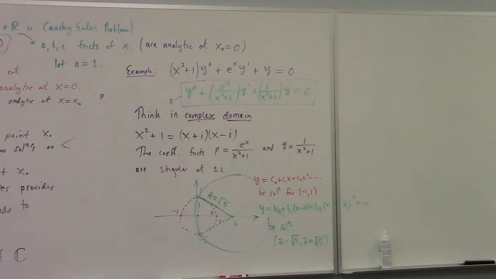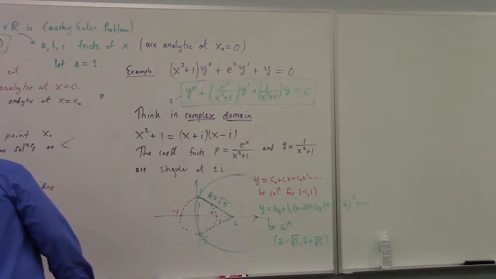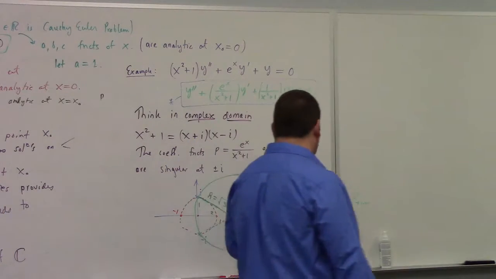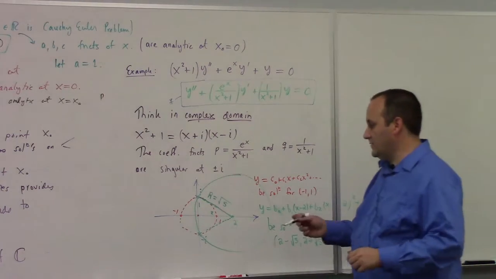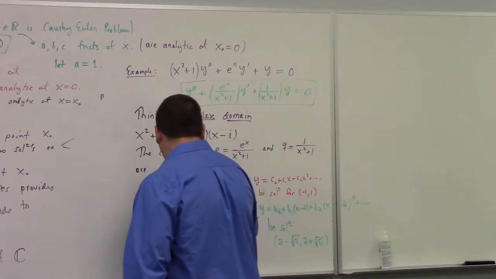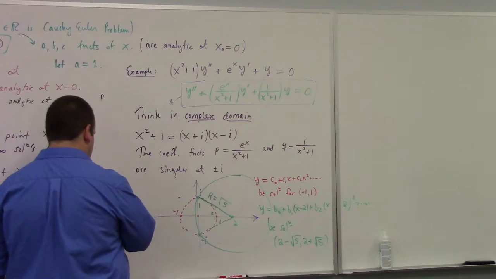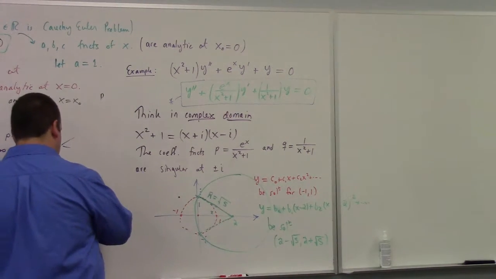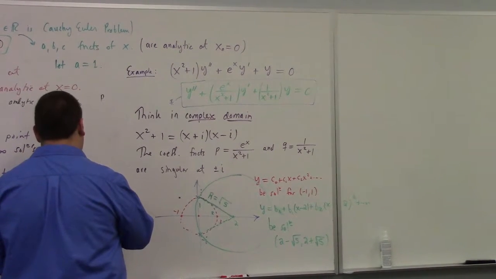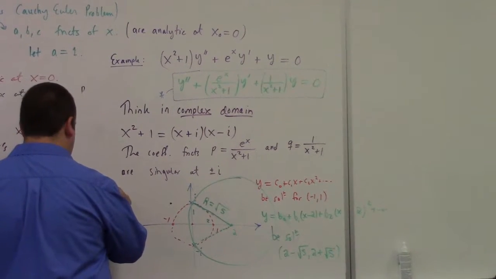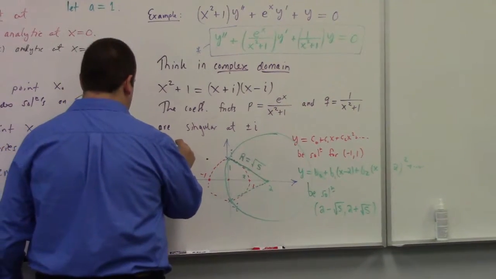Could we do a minus 1 plus i? Would that make any sense in this context? You want to look at a solution centered at minus 1 plus i? That would be something like w equals, I don't know, a naught plus a1 times z minus, well, plus 1 minus i, plus dot dot dot.